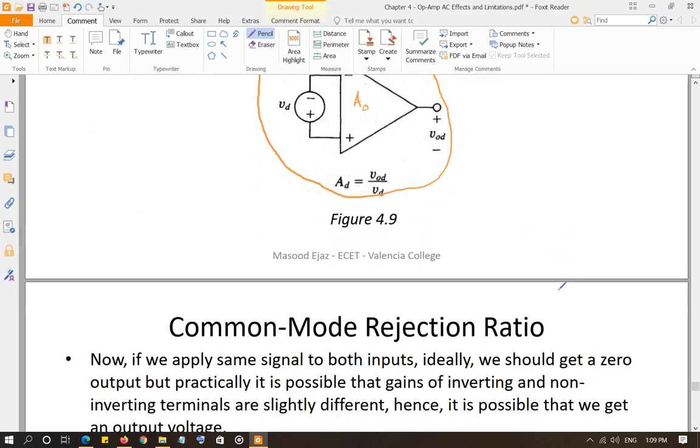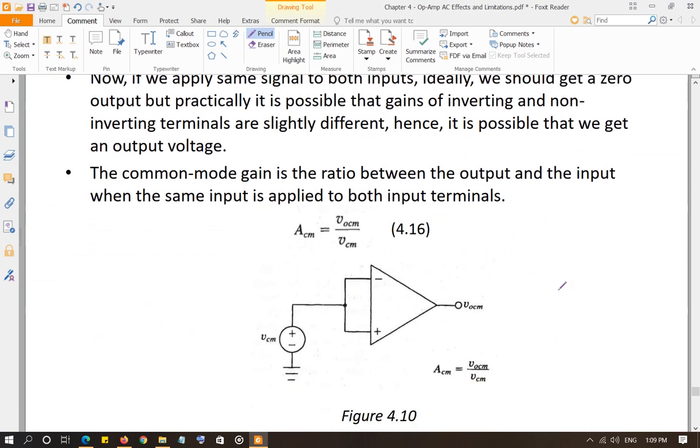Now, what if you connect both the inputs to the same source? That's called the common mode scenario. When you connect it, what is your expectation? Of course, a valid expectation is that since there is no difference of voltage between the inputs, V differential is 0, same input is applied to both inverting and non-inverting, the output should be 0.